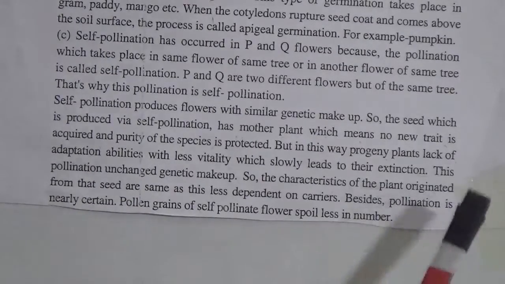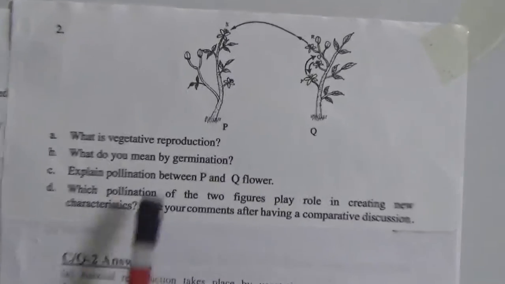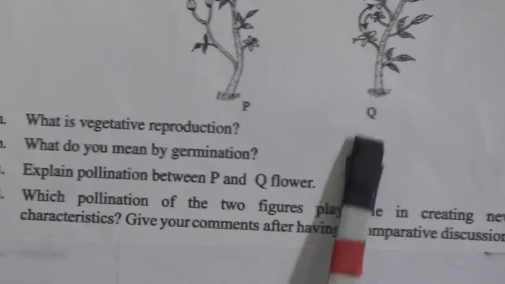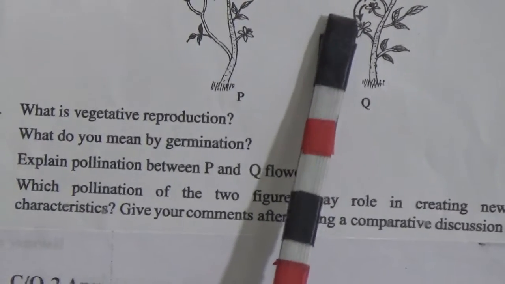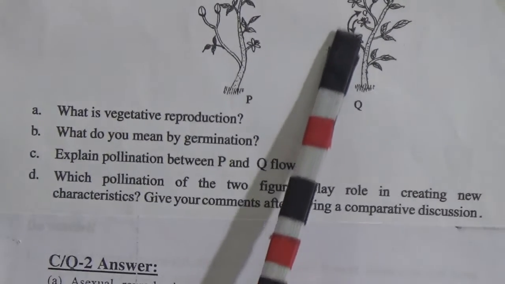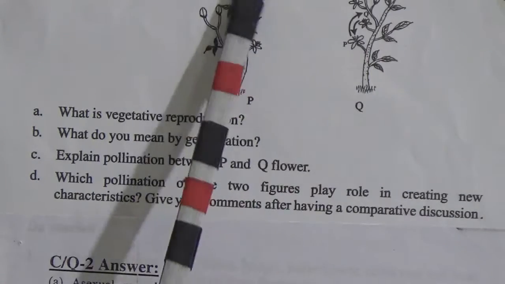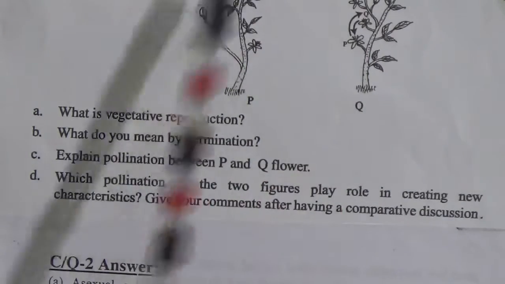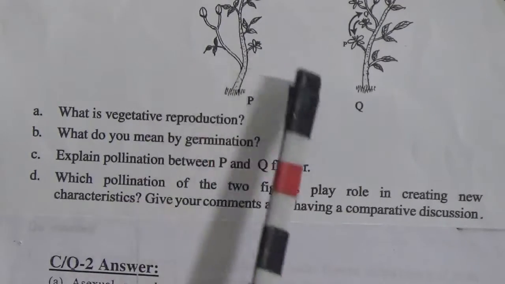And come to the next question: which pollination of the two figures plays a role in creating new characteristics? Dear student, we have just discussed this. In self-pollination, no new trait is made because both flowers are from the same mother plant. But in cross-pollination, there are different mother plants of the same species.